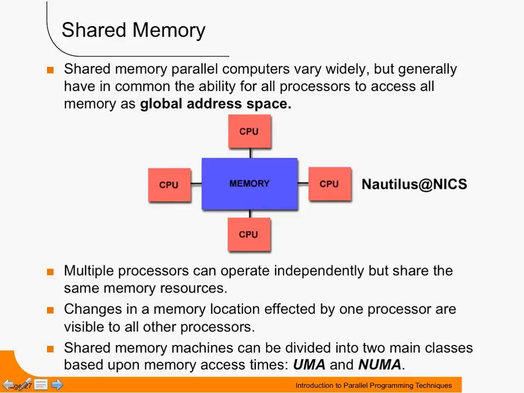An example of shared memory is most laptops or desktops, because now most of them are. The most common examples are Dell laptops. It has 4 CPUs, 4 processing units, but they share memory. It's called the global address space because it is accessible by all these 4 CPUs.